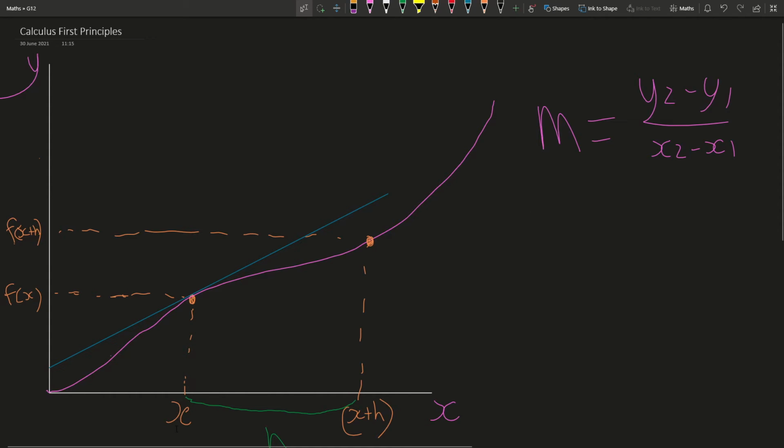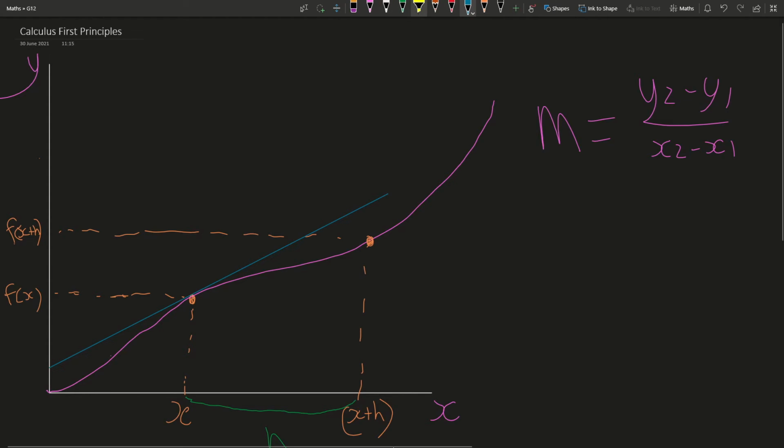And in fact, we want to figure out an equation that will work for any x. So no matter what the slope is, we want to be able to figure out the gradient of the line that is tangent to it. And the way we figure this out is we're going to use our x plus h.